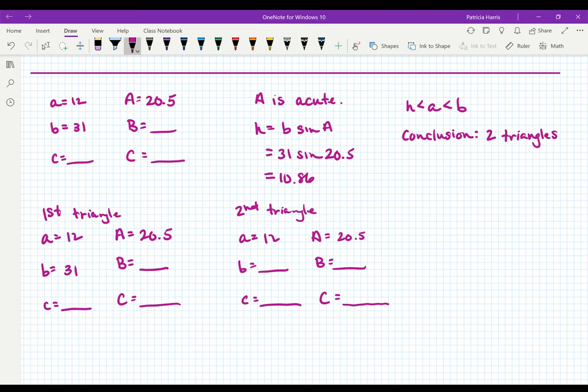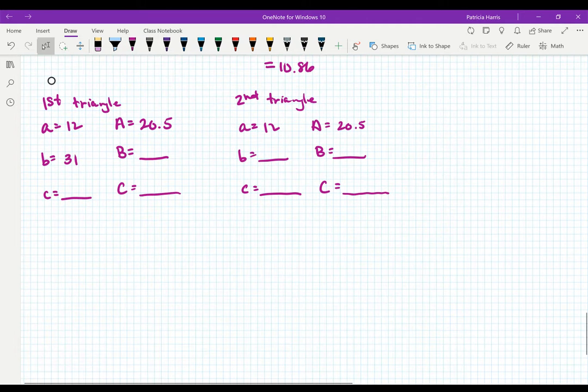Okay, so here we go. Again, you are looking for angles, so you are going to have to use your sine inverse. Okay, cross multiply.